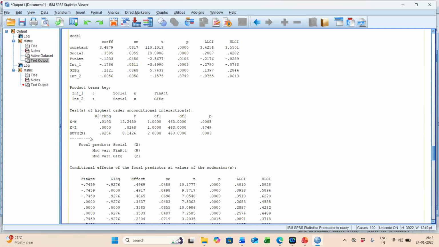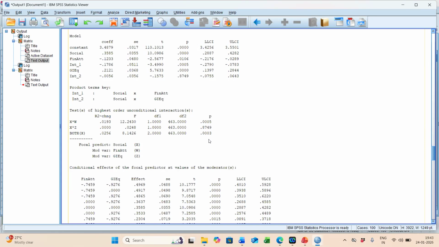The effect is actually 0.0256, and the p-value is less than 0.05. That means when these 2 variables are interacting or moderating, that is, socialization is being moderated by financial attitude as well as gender equality, when the effect as a whole is taken, it is significant.